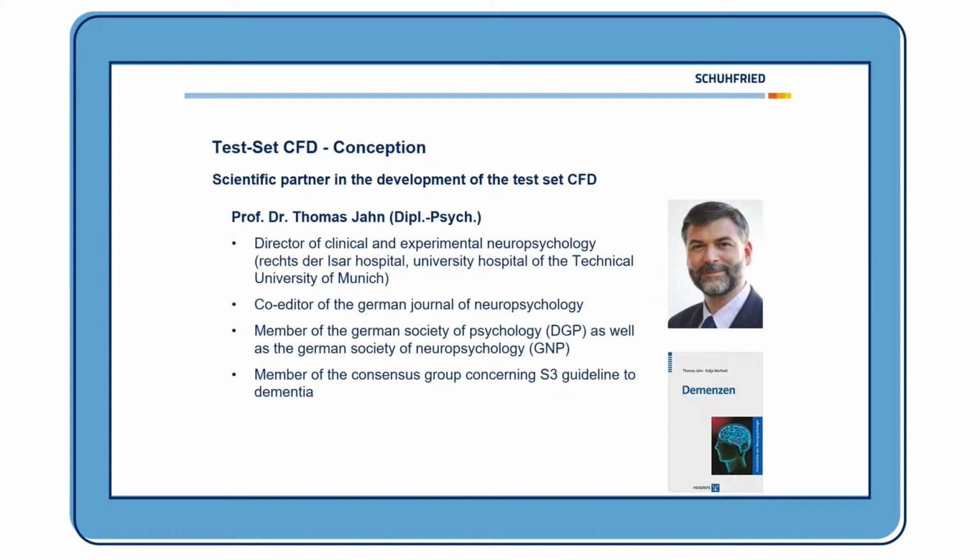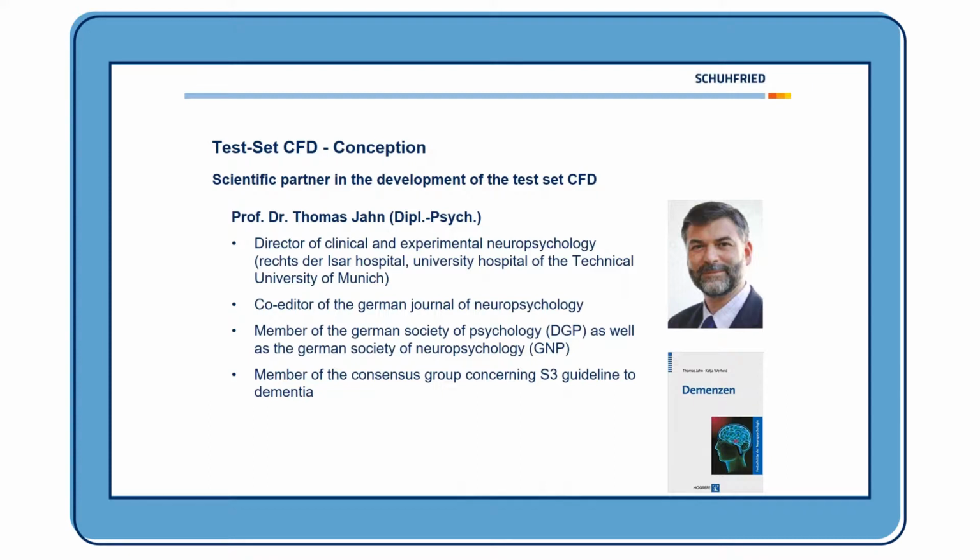And we didn't develop the CFD alone. We had a very renowned scientific partner in the development, who's Dr. Thomas Jahn. He's the director of clinical and experimental neuropsychology in the Rechts der Isar Hospital, which is a university hospital of the Technical University of Munich. He's also the co-editor of the German Journal of Neuropsychology.